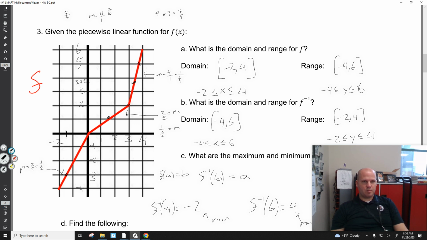So multiply the top and bottom by 7/16. I go up 7/4 over 7/16. So I'm going over 7/16 from 3.